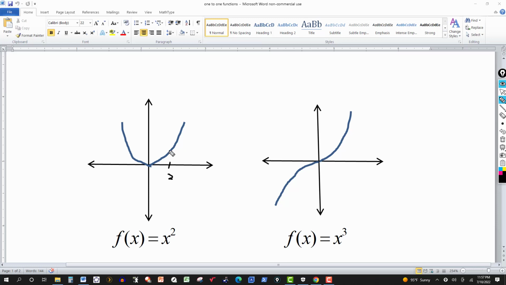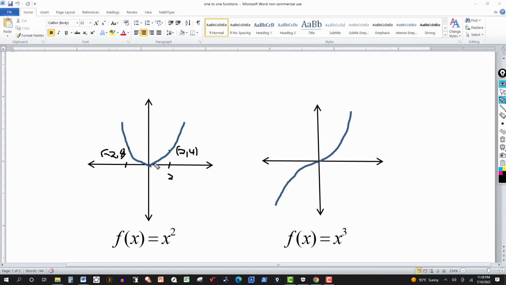So this would be the point (2, 4). And if I go 2 units over on this side, that'd be -2. -2 squared is still 4. So this point up here will be the point (-2, 4).